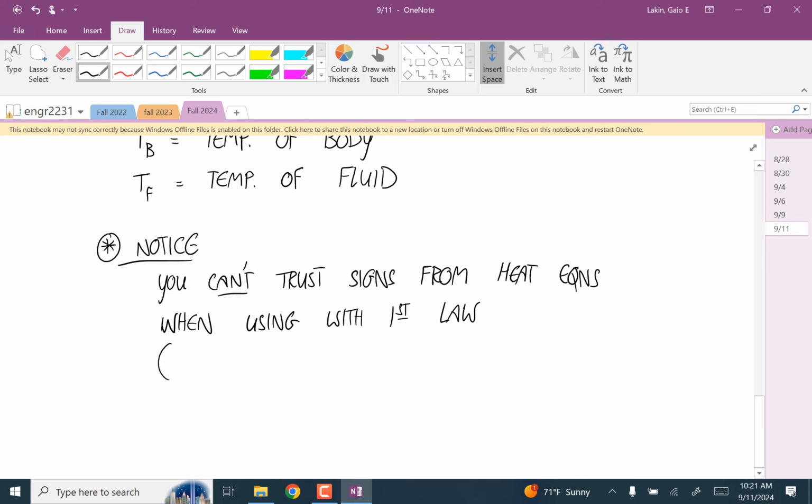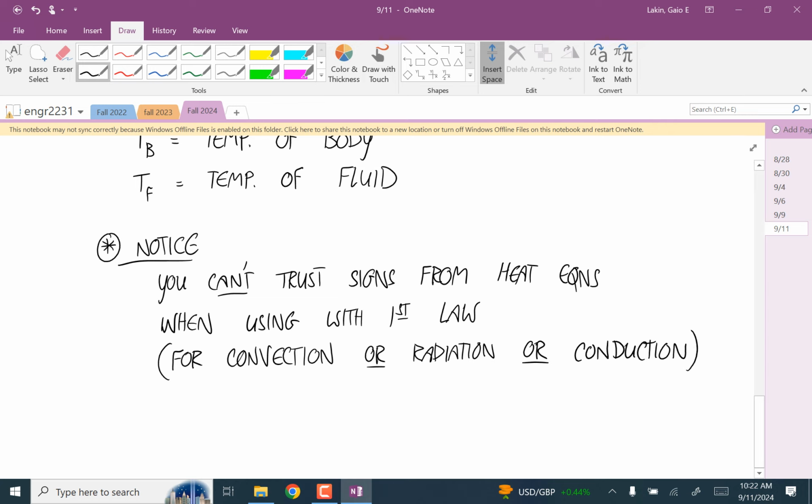That's true for this, or radiation, or conduction. So in every case, when you see a heat problem where you're using the first law, just remind yourself right at the outset, after I do this calculation, I have to think about the direction that heat is moving. Okay?